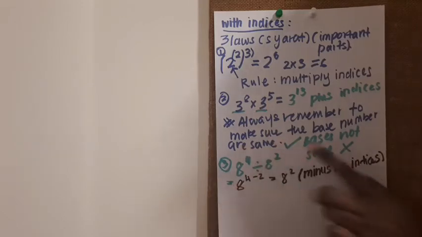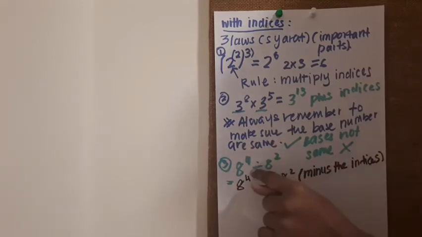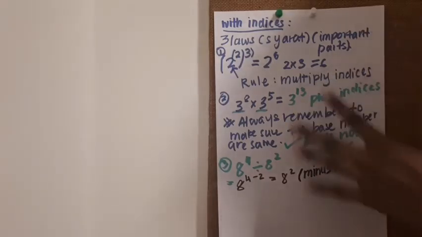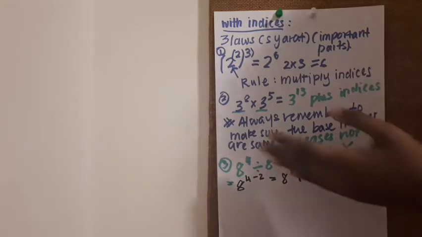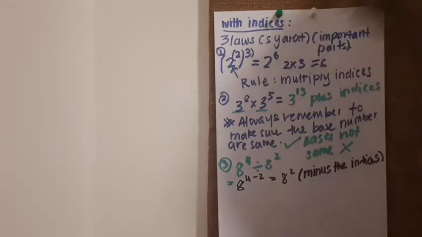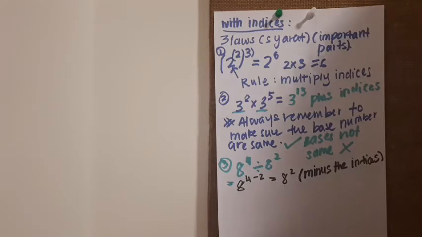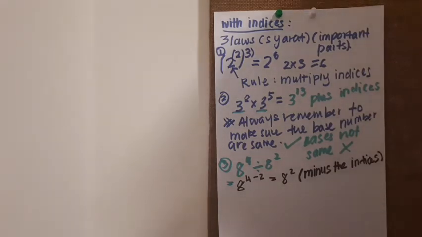For division, you have to minus because you have a minus sign in the division. Okay, in that way you can remember how to do indices and logarithm. So let's have a look at an example of an indices question now.